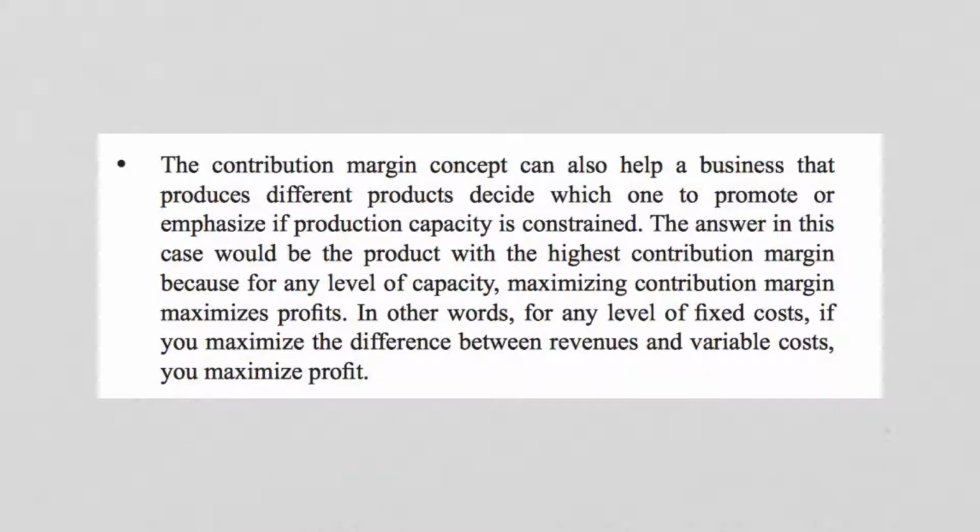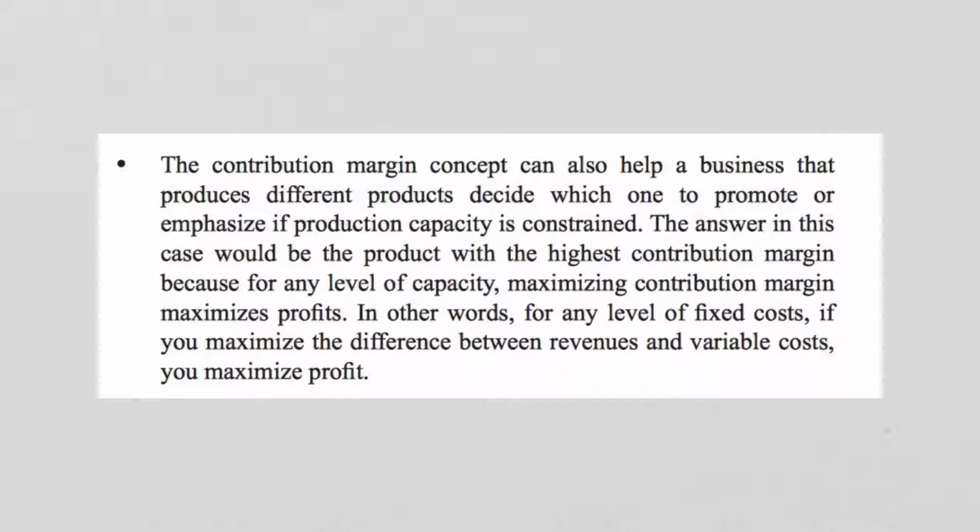Okay, I think that's it. Here's one more picture, which won't say anything earth-shattering based on what you've learned so far, but it is a way of making sure you keep the biggest picture in mind, keep the forest from the trees. This contribution margin concept helps a business when they produce different products decide which one to promote or emphasize.